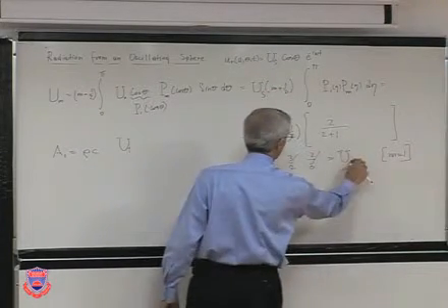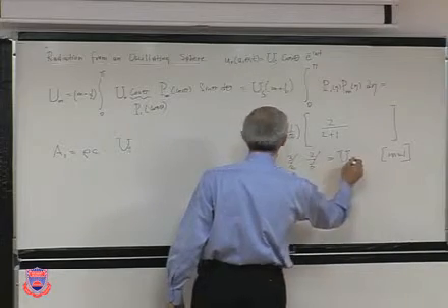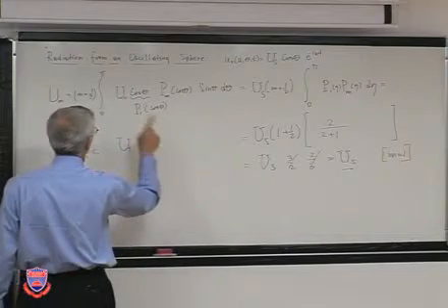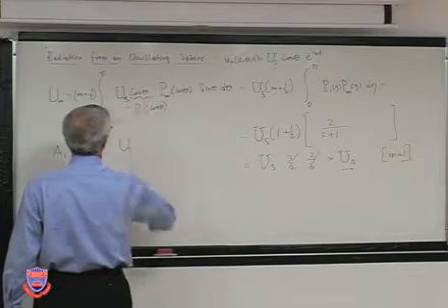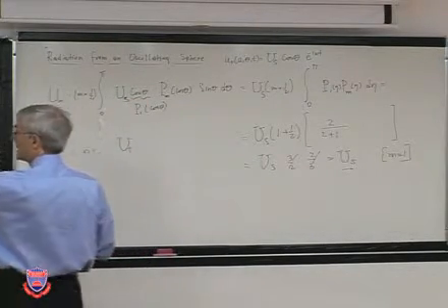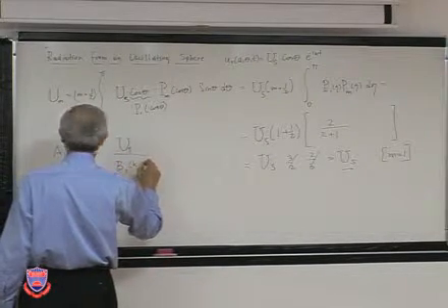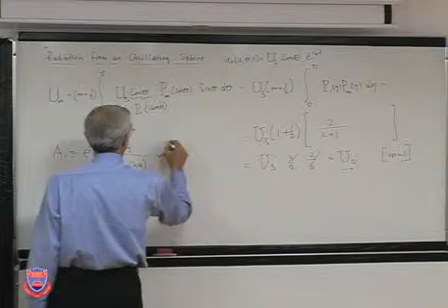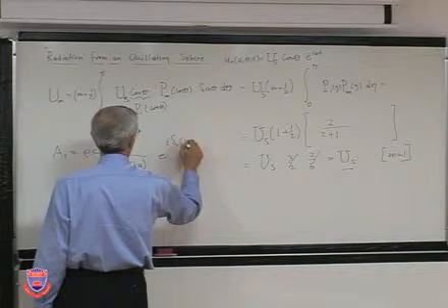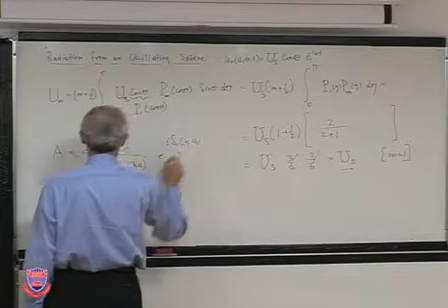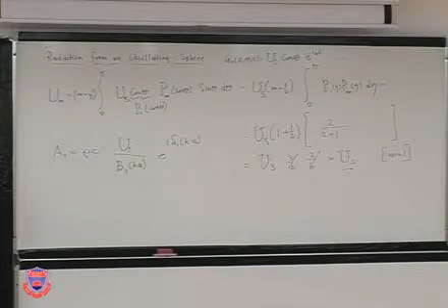Otherwise, this is m equals 1, this is again surface here. U1 divided by B1 times i delta 1 k a. That's our expression.